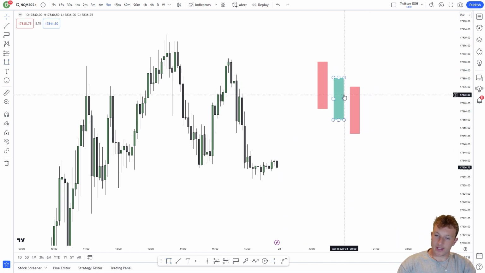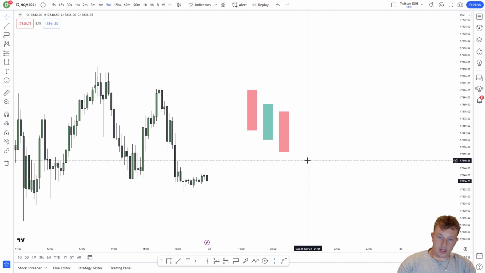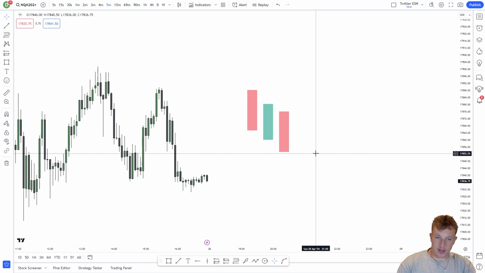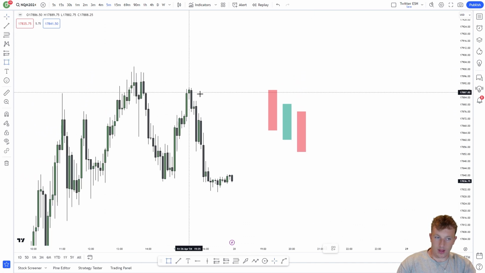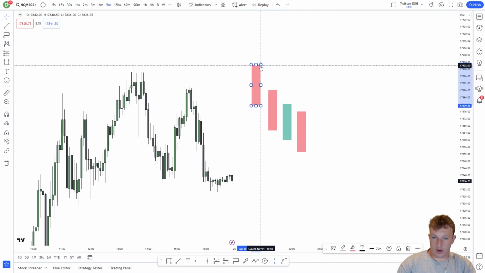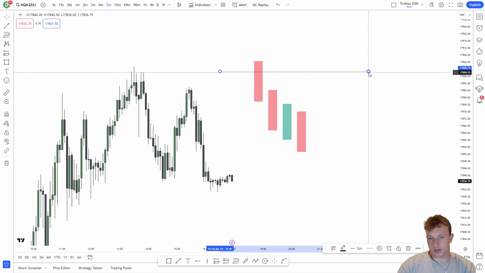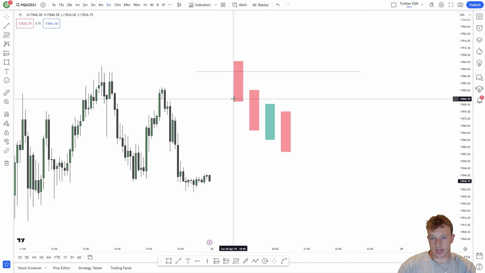Now, this could potentially be an order block. Well, what makes it a good order block versus a bad order block? It all depends on where we're coming off of. For example, if we are coming off of some important level, let's say we swept some sort of buy side right here.